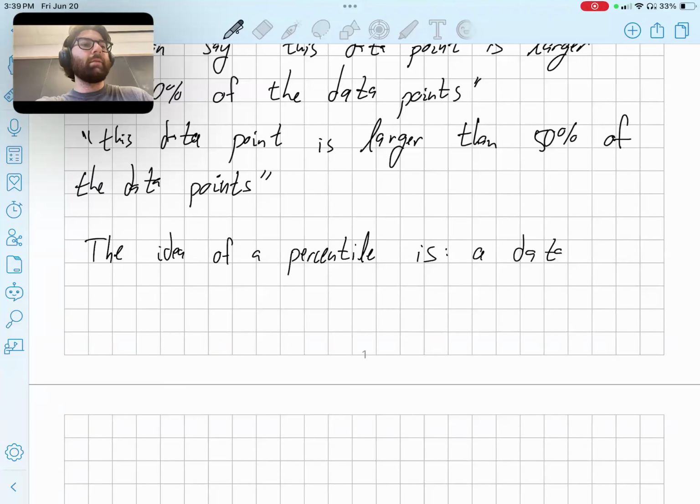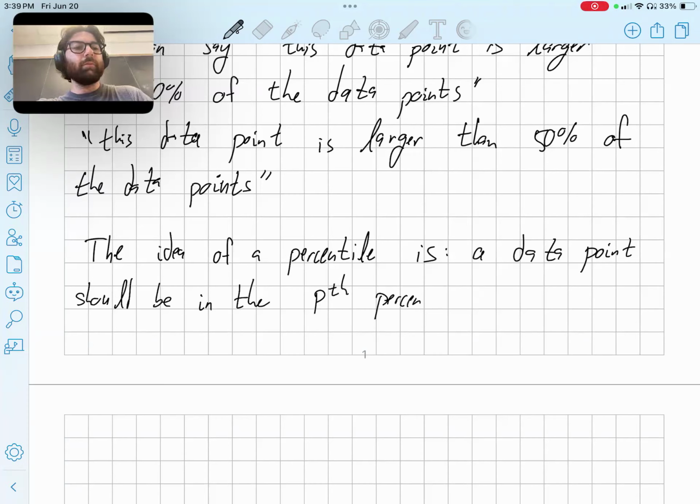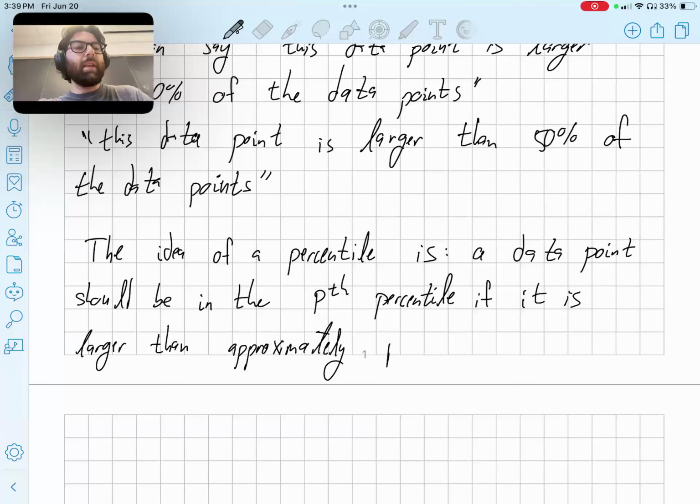A data point should be in the pth percentile if it is larger than approximately, and I'm saying approximately for reasons that we'll see later, p% of the data points.